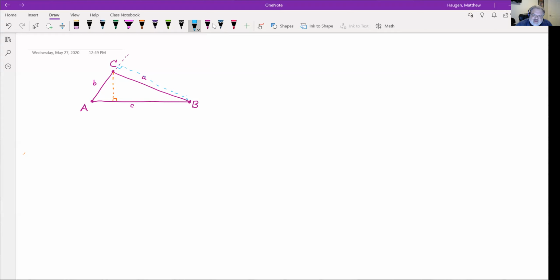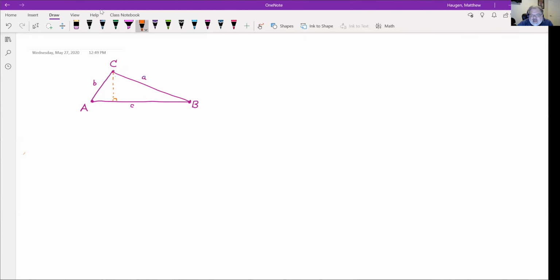We could do it from A as well; depending on how it lines up, that altitude might land inside the triangle, it might land outside the triangle. If it's a 90-degree triangle, it lands exactly along the side b. But we could drop this altitude from any of the vertices. I'm dropping it from C mostly just for the clarity of this diagram. But you'll see in a minute why it's nice that we could extend this argument to any of the vertices, not just the one at C.